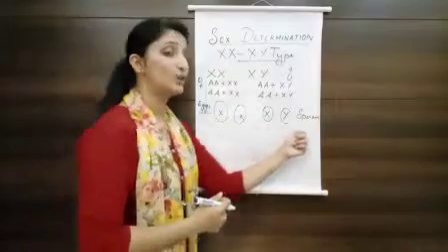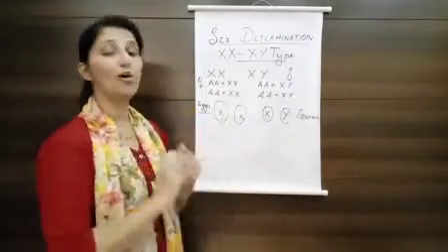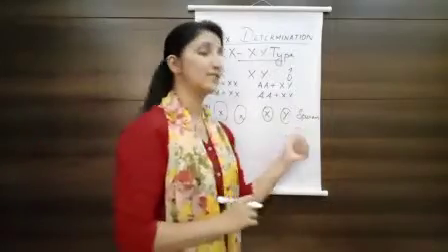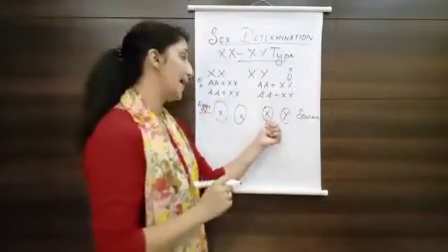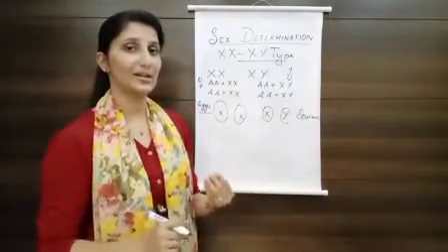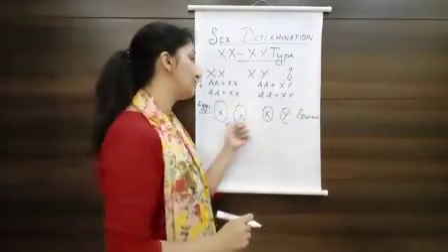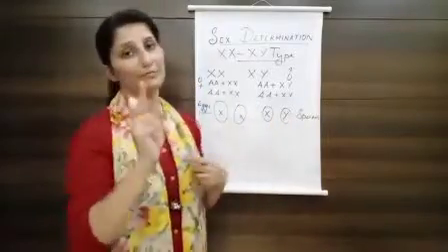So here there are two different types of gametes, whereas in the case of eggs, all the eggs are similar. In the case of sperms, there are two types of sperms, the X containing sperm and Y containing sperm. So the sex of the child after fertilization is going to be determined by which type of sperm fertilizes the egg.